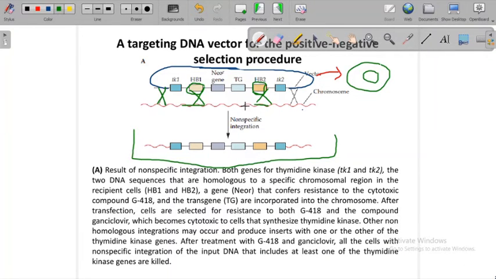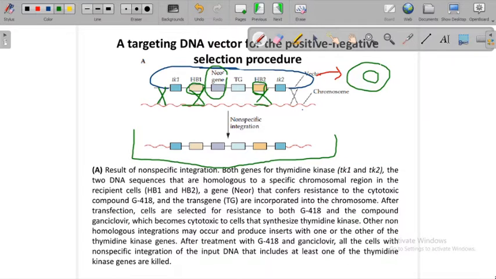Okay, so next we need to see what happens when we receive the transfected cells. After the transfection, some cells have the neomycin resistance gene.